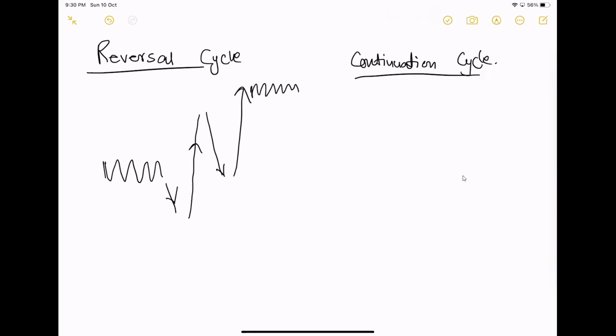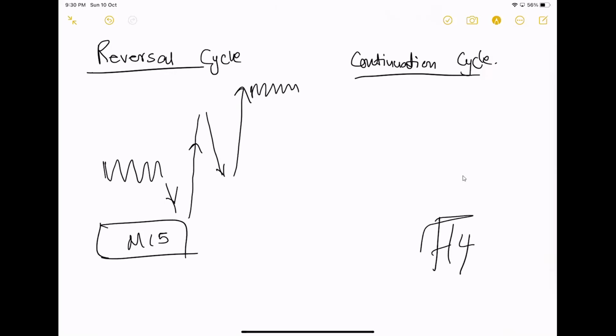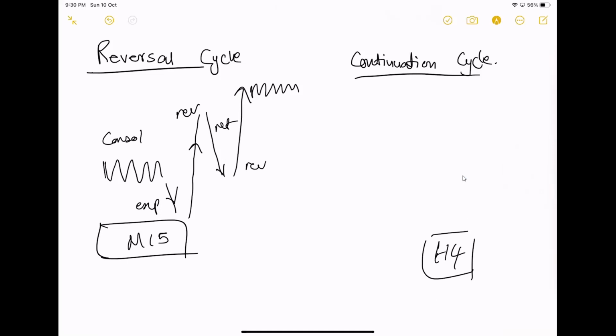Break this down. Let's say this is the 15-minute, then let's look at the H4. On the 15-minute time frame, we can clearly see this is the consolidation, this is the expansion, this is the reversal, retracement, reversal.